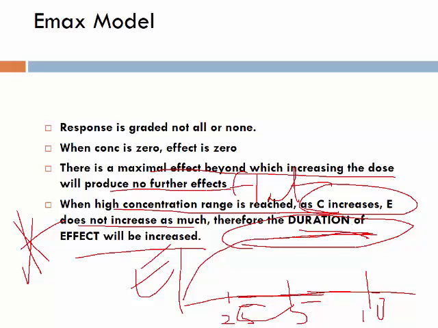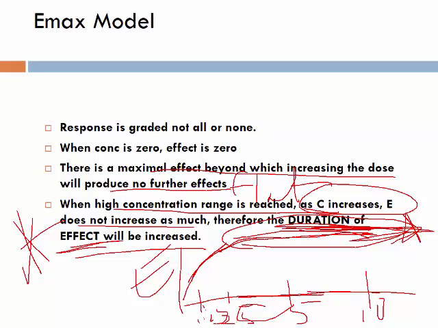And then another half-life, we'll start to see the decrease, and then maybe down here 1.25 would be the next half-life, so we'd start to see a real change down here. But you can see if we get way out on this part of the flat part of the curve, then we're going to increase the duration of the effect, because we're going to stay at this high effect even though our concentration is falling, right?